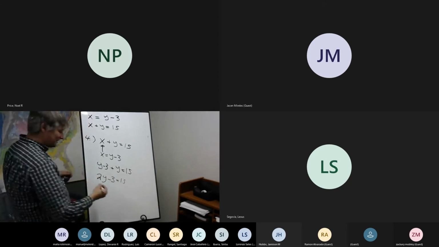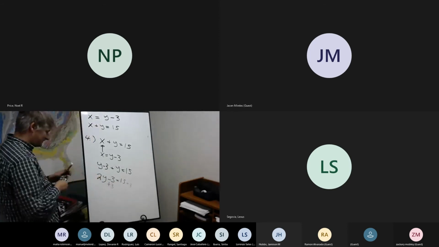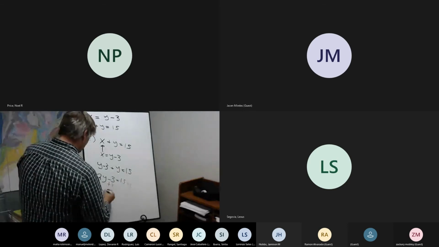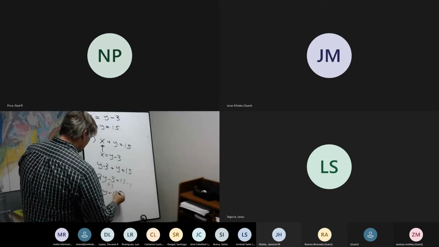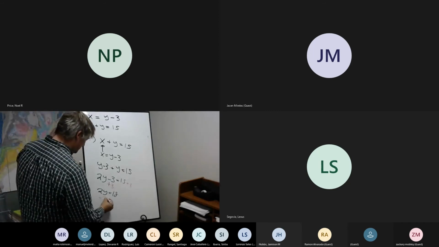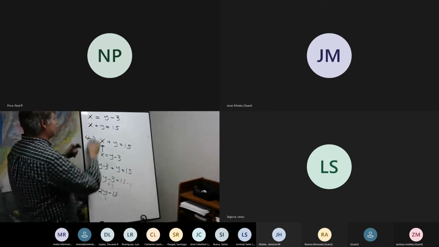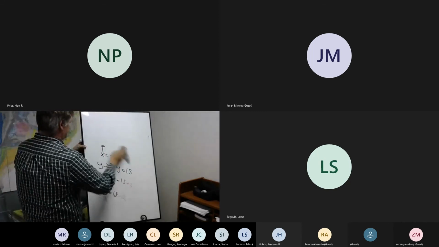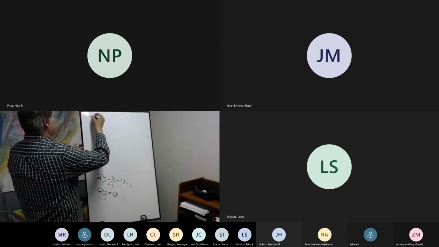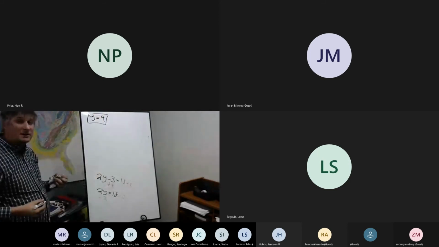Add 3 to both sides. Divide both sides by 2. So we get y is equal to 9.